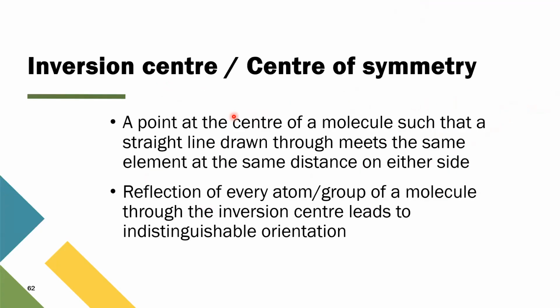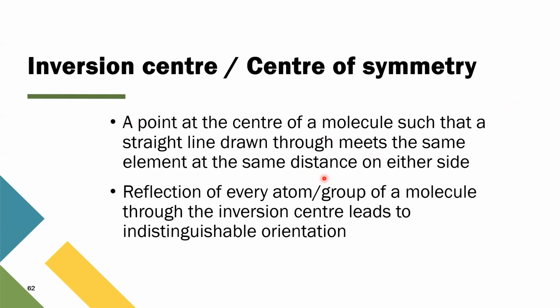So we'll move on. Inversion center, or you call it center of symmetry. So a point at the center of a molecule such that a straight line drawn through meets the same element at the same distance on either side. Inversion center is that.